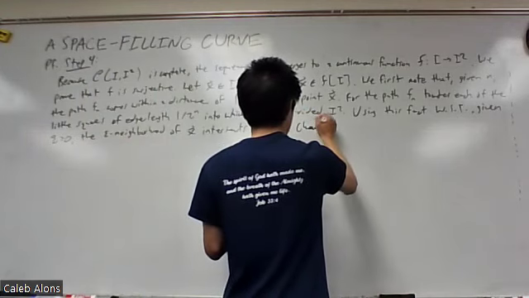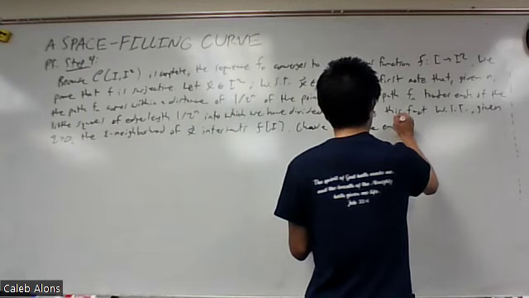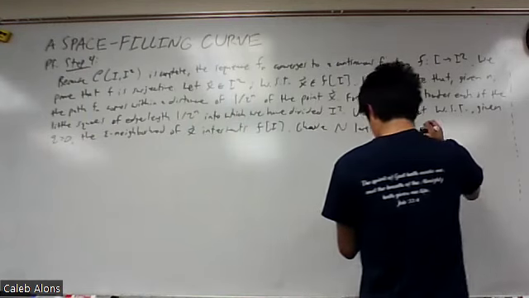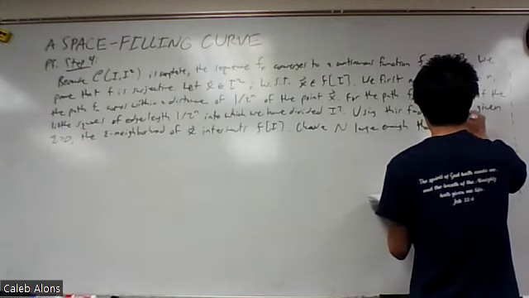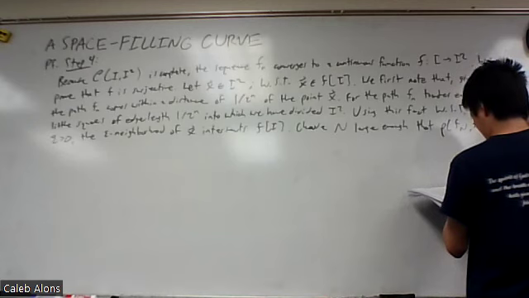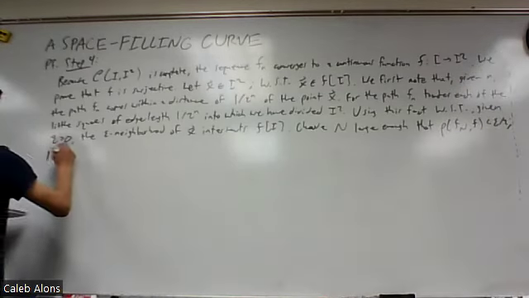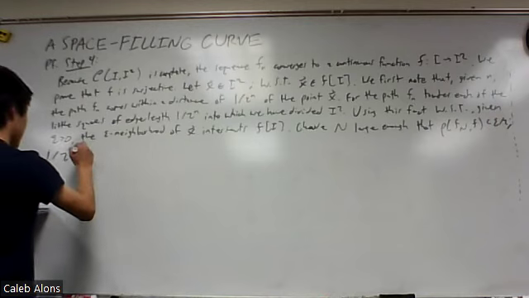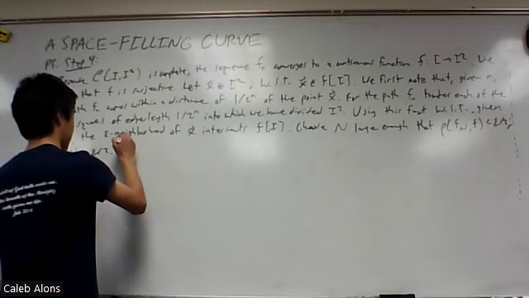So we'll choose a sufficiently large n such that the distance between fn and f is less than half of epsilon. And then also we want 1/2 to the sufficiently large n being less than epsilon halves. This is the last bit here.